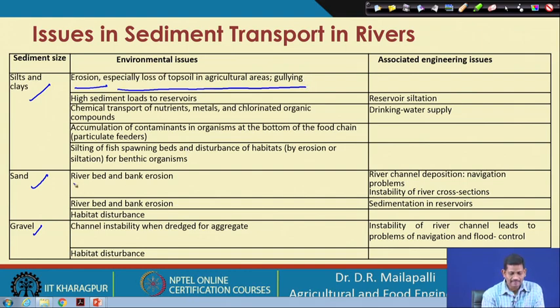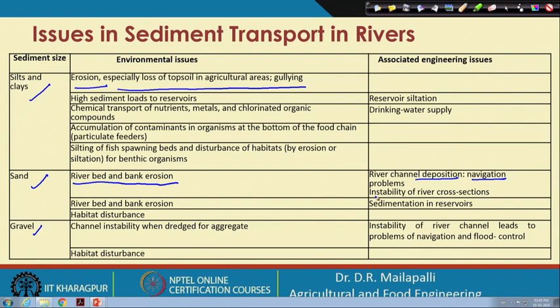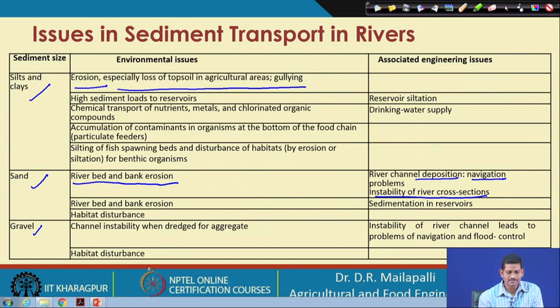Sand causes river bed and bank erosion, river channel deposition, navigation problems and instability of river cross sections. Gravels cause channel instability when dredged for aggregates, instability of river channel beds, and problems in navigation and flood control.